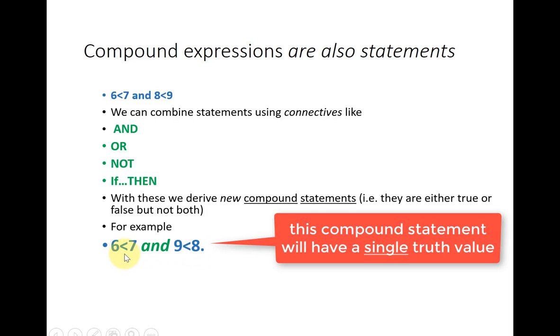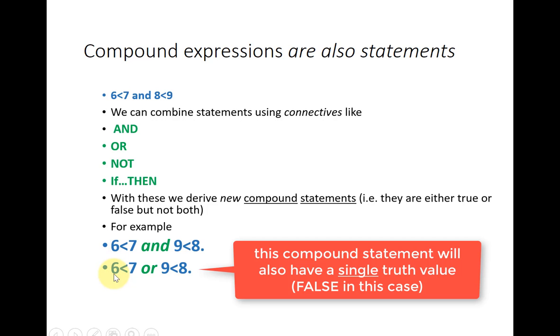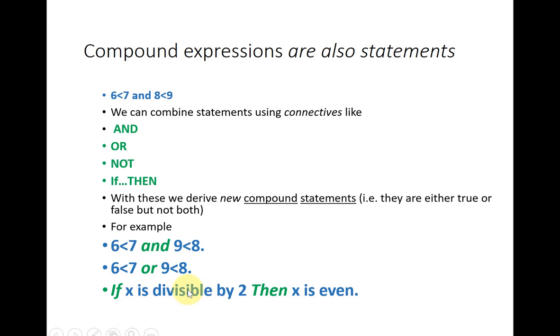If we say 6 is less than 7 and 9 is less than 8, we would say no, that's not true. However, if we wrote 6 is less than 7 or 9 is less than 8, that would be true, because or only requires one of them to be true in order for the whole compound expression or statement to be true.